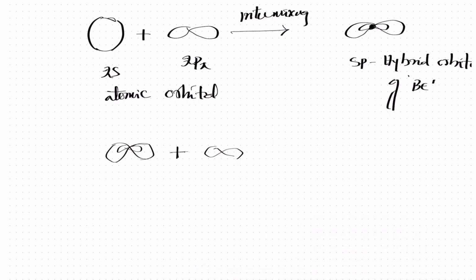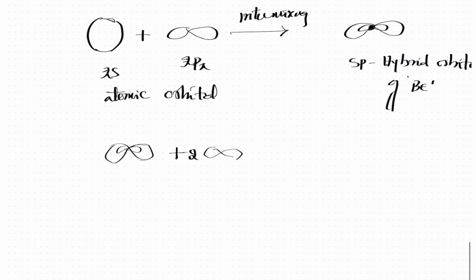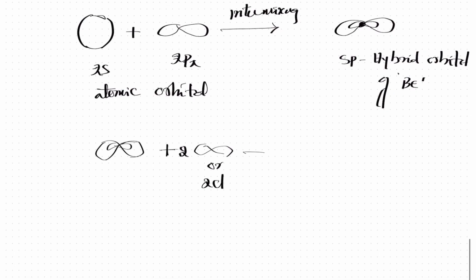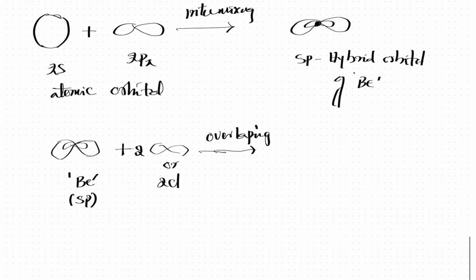Therefore this is also like a p orbital. Two chlorine atoms we are taking. This is also p block. It overlaps with the hybrid of beryllium. Which hybrid? The sp hybrid of beryllium.